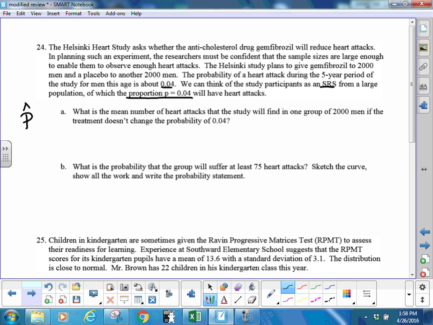So what is the mean number of heart attacks that this study will find in a group of 2,000 men if the treatment doesn't change? Well, what we know from proportions, the mean of the proportion will match the population proportion. So we're looking at that 0.04, or the 4%. But they didn't ask for that, they asked for a number. So to get a number, you have to multiply that by the 2,000 men in the study, which will give you 80.